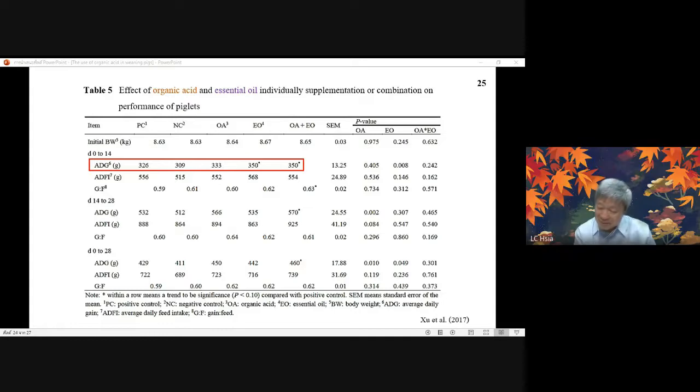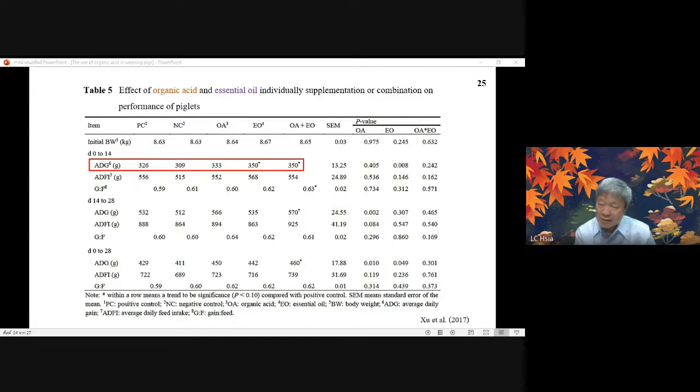You know, we have to be very careful if we are only using organic acid. Usually you cannot improve the performance to a great extent. If you add organic acid at 1.5 to 2% or 3%, you can improve the performance, but that is too much.